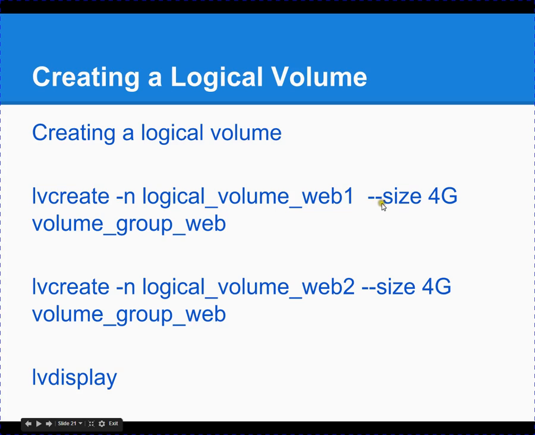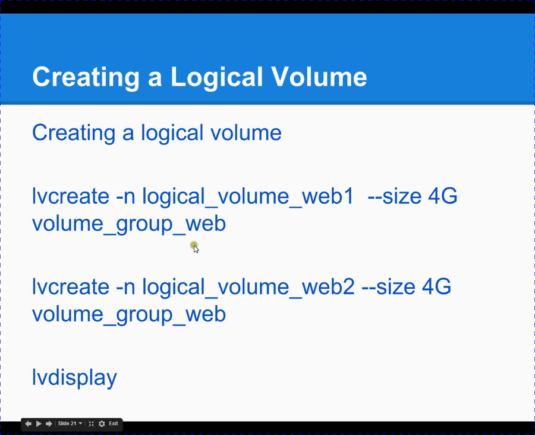You give the size, and we're going to create one 4 gigabytes, and then we're going to give it a name. It's going to be the volume group, volume_group_web.